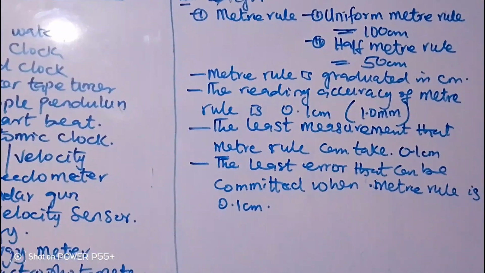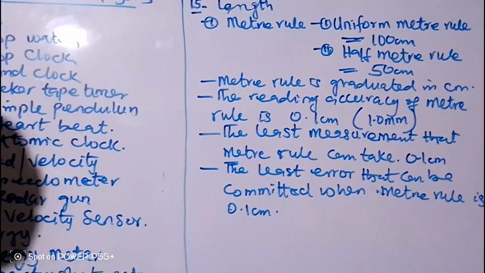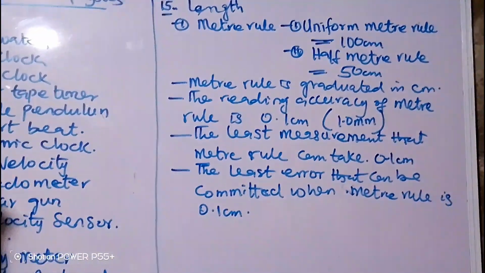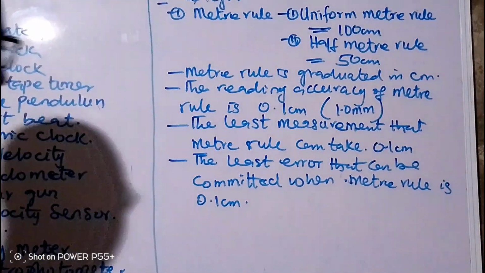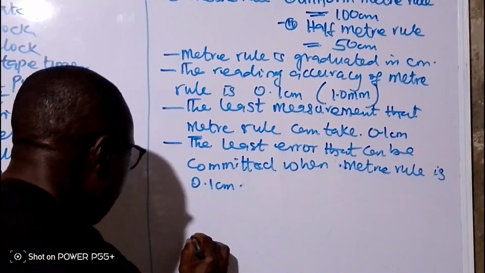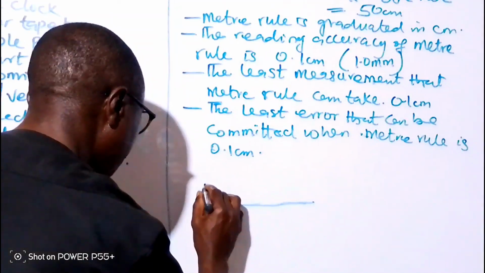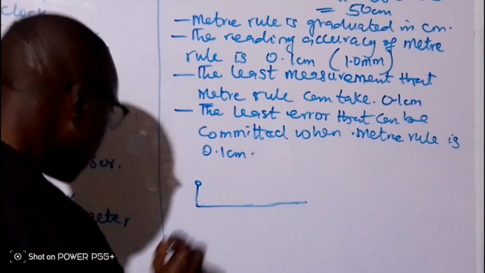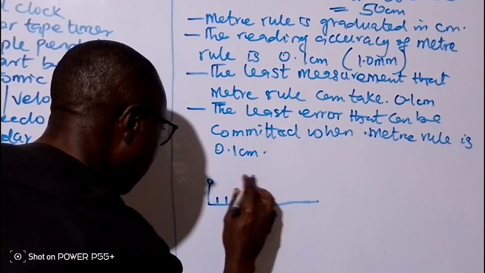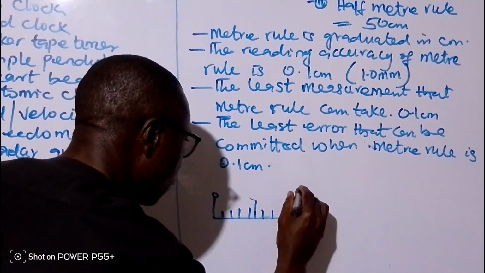Now, meter rule is used to measure the length of an exercise book. Any short distance like the length and breadth of an exercise book, meter rule can be used to measure. Meter rule, as I said, is graduated in centimeter. This is 0, 1, 2, 3, 4, 5. This one will be 1.